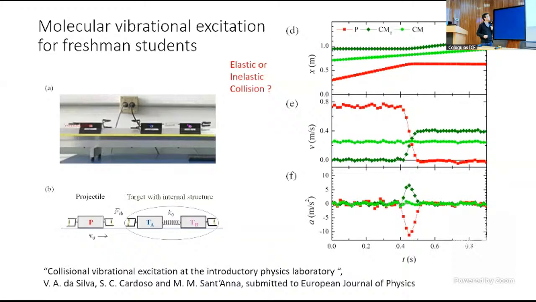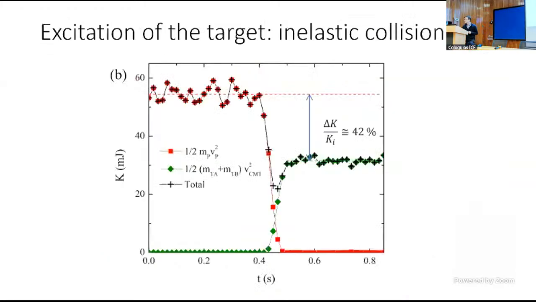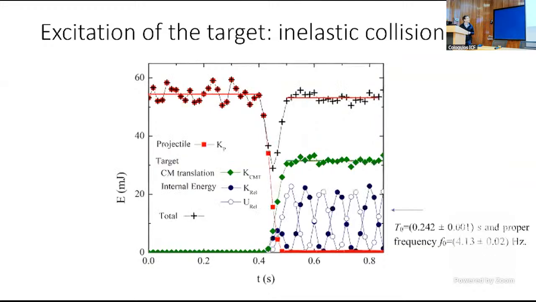If you analyze conservation of energy here, you see that about 42% of the energy is lost. It's not really lost in this experiment. We cannot do that in a general collision experiment, but here we can look at the individual parts.